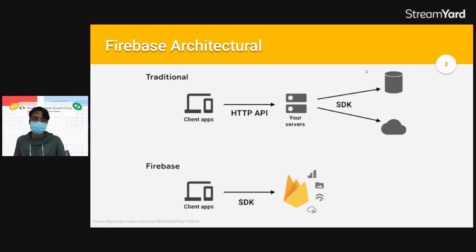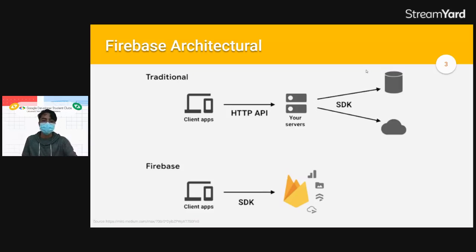So in traditional architecture, we have a client and a server, and when we want to make a request to the server, the server will determine what to do with that message and respond to us.